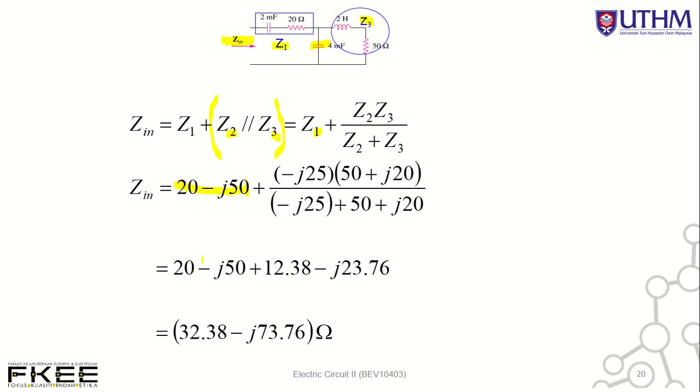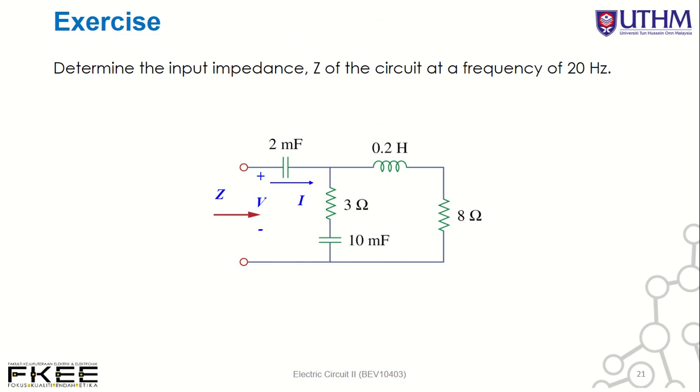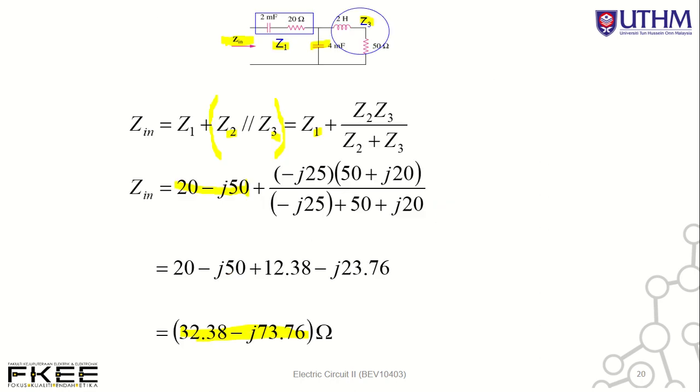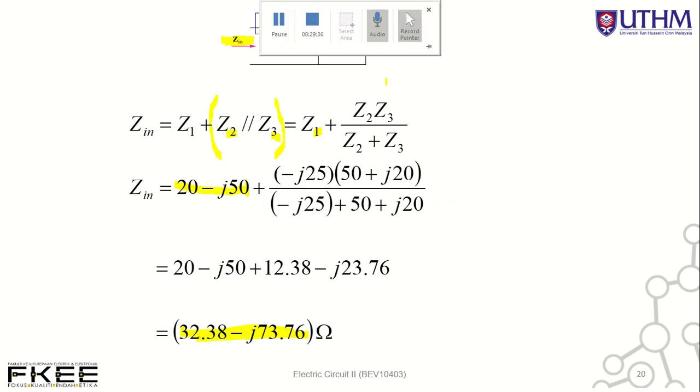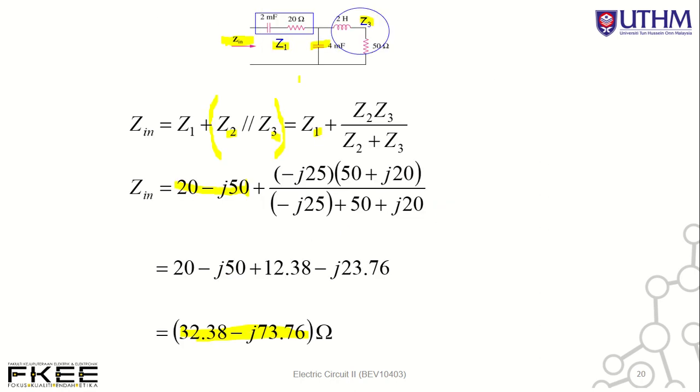So you can directly get this answer. This is the baby step solution. Clear? If you don't know how to use your calculator, you can ask me in the WhatsApp group. I hope you really understand this example.